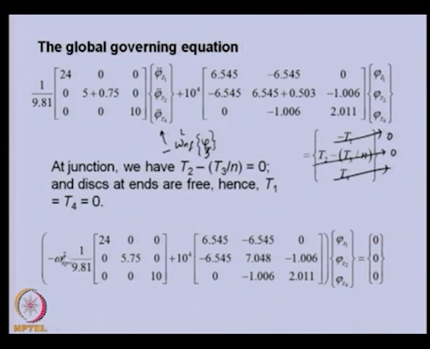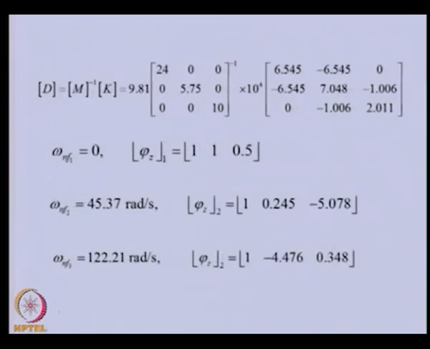So if we take the determinant of this equal to 0, we will get a polynomial that will give us the natural frequency of the system, because this is a homogeneous equation.